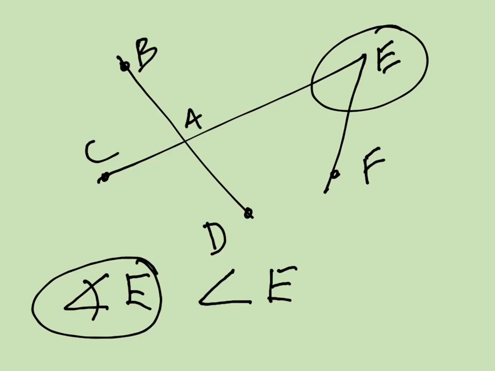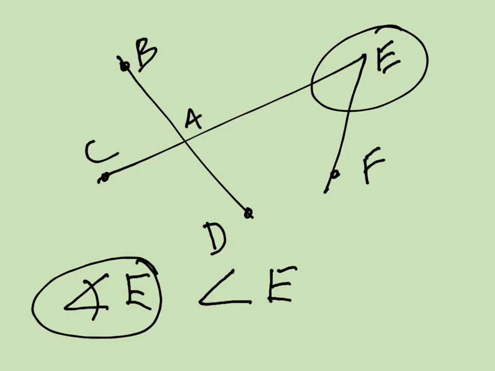So let's look back at our example. Right here, we could name which one was angle E. However, if I want to talk about angle A, I'm not sure which one angle A is.